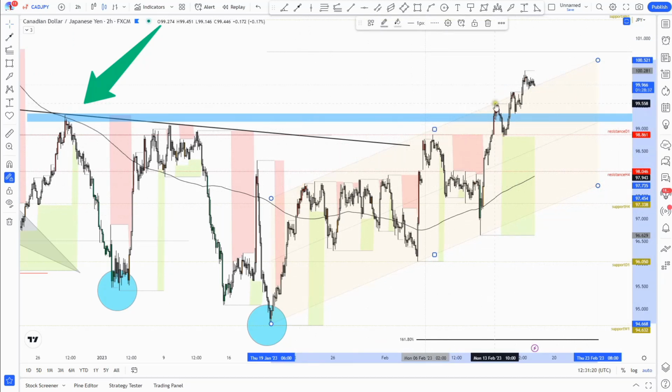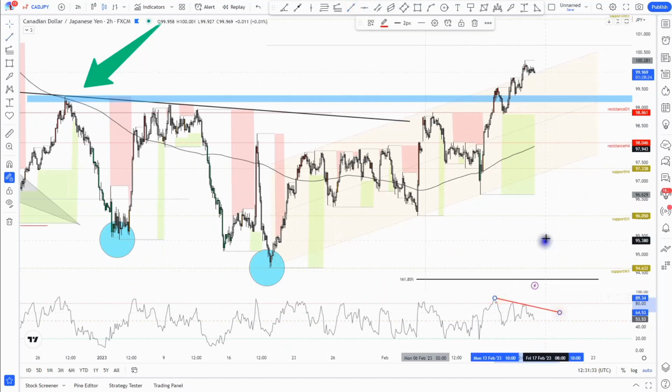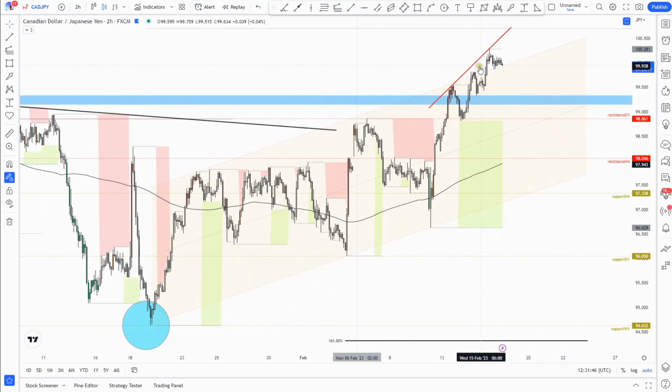So as we can see, we have multiple approaches to these highs recently, and we may be facing exactly another 3 drives pattern formation, and this one targets the previous lows and the first lows of the pattern. We can call it a wedge pattern. In this case, I call it a 3 drives pattern formation. We have the first high, the second high, and the third high.